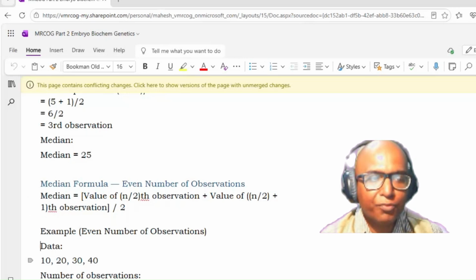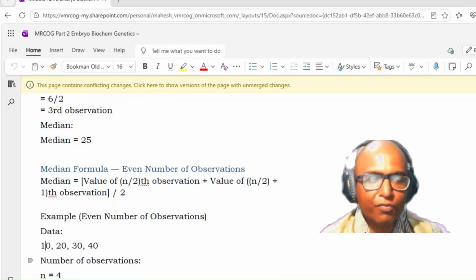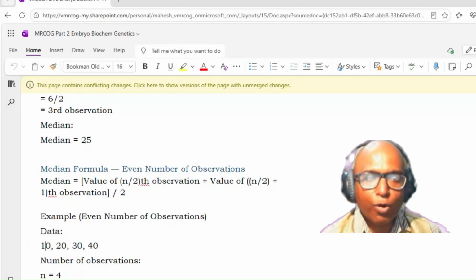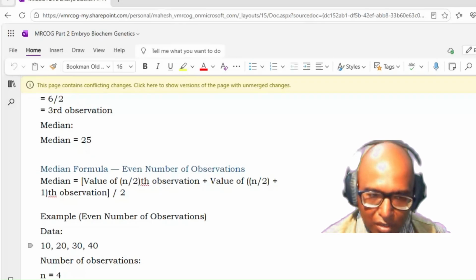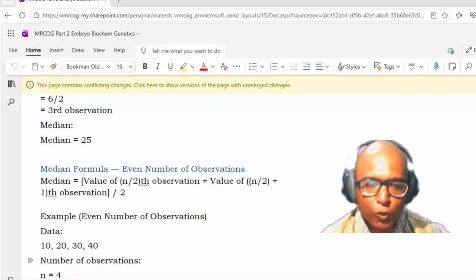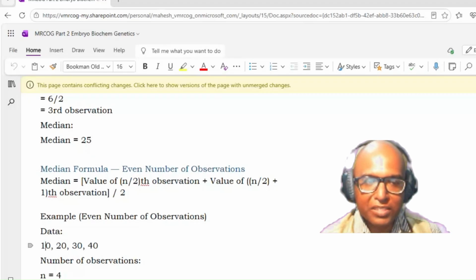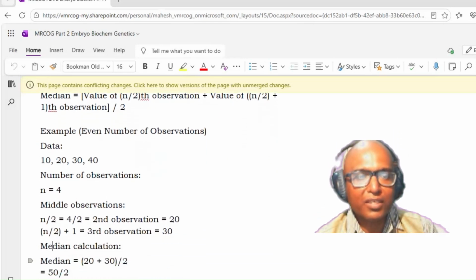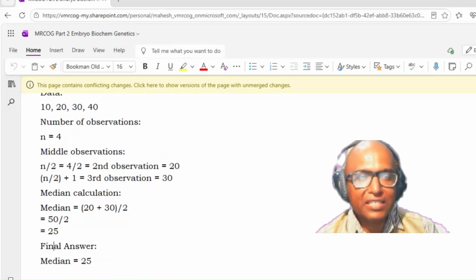If you have the data set 10, 20, 30 and 40, there are 4 observations. 4 divided by 2 is 2, and the next observation is the 3rd, so 20 and 30. The average of this: 30 plus 20 is 50, and 50 divided by 2 is 25. So the final answer, the median, is 25.